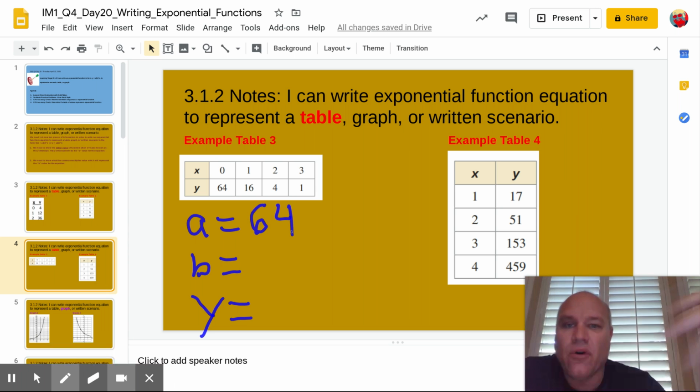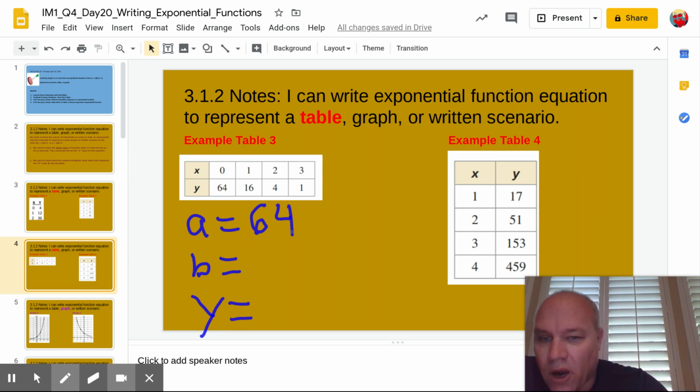So 64 times what is 16? 16 times what is 4? 4 times what is 1? Or, if that's hard, you can reverse engineer it. 1 divided by 4 is 1/4. 4 divided by 16 is 4 over 16, which is 1/4. 16 divided by 64 is 16 over 64, which is 1/4.